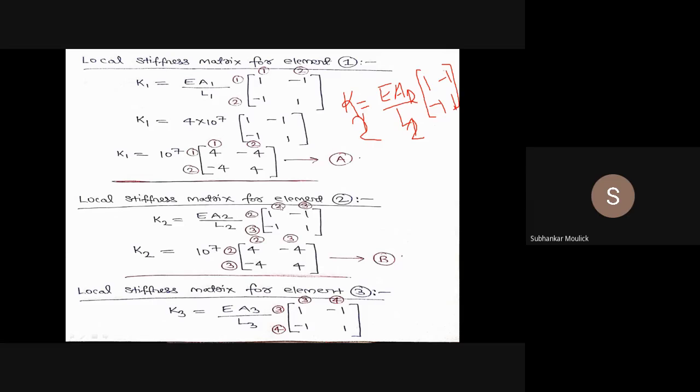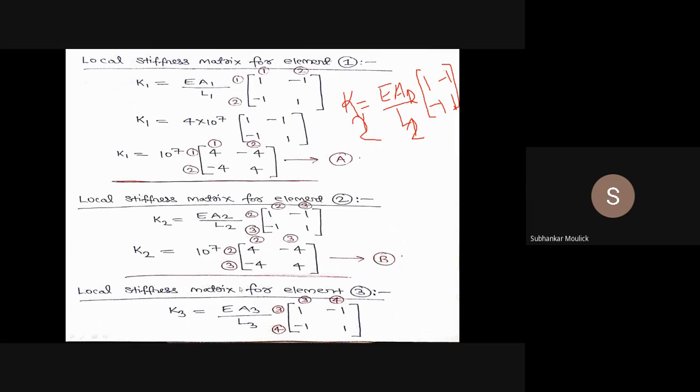Element 2 comprises only two nodes, that is node 2 and node 3. That means again the size of the matrix will be a 2 cross 2 matrix, but in this case your first row is nothing but node 2, second row is nothing but node 3, first column is nothing but node 2, and second column is nothing but node 3.